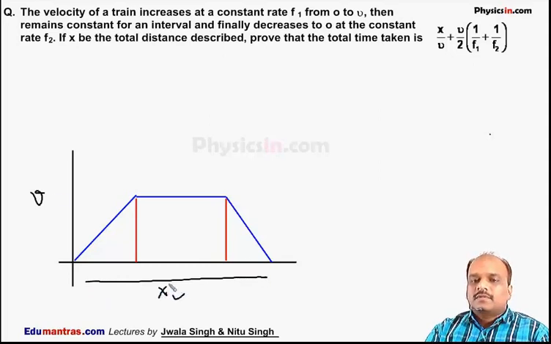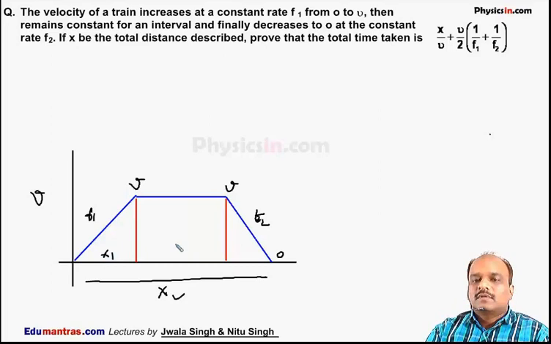It is given, this speed is v, it increases with a constant rate f1, and it decreases to 0 with a constant rate f2, final velocity here is 0. For some interval it moves with speed v, let this distance be x1, let this be x2, let this be x3.